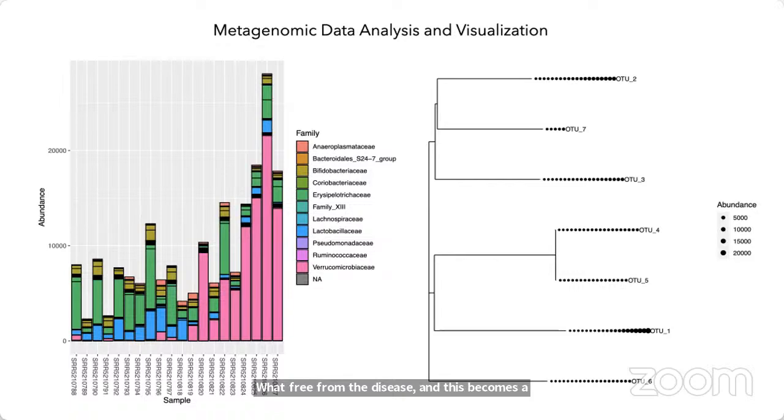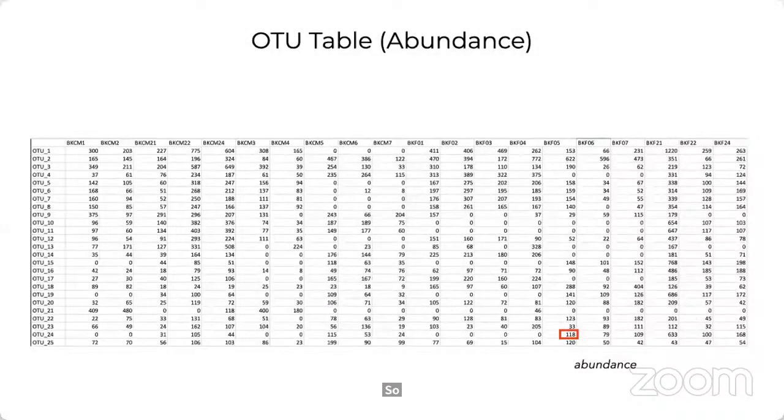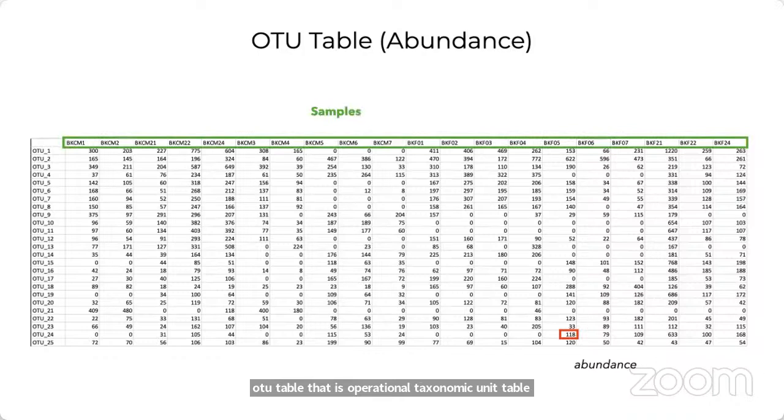The basic type of structured data resulting from this analysis is referred to as an OTU table, an operational taxonomic unit table across the samples, with proportional abundance in each and every cell.